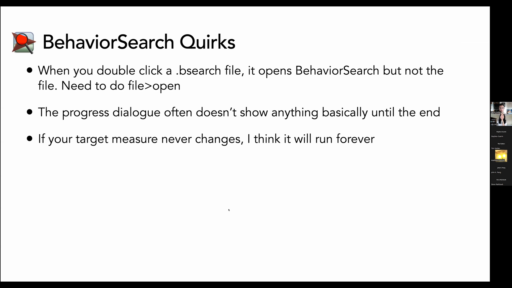Are there ways of adding other heuristics, like Levenberg-Marquardt? Is that like an extension approach or anything like that? Other heuristics in terms of which search algorithms? That's right. Not that I know of, but I'm not an expert in BehaviorSearch, so I don't want to say definitively no. This was developed a number of years ago as part of somebody's PhD research, and I don't think many changes have been made to it in the last 5 years.